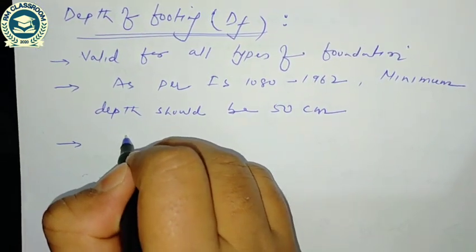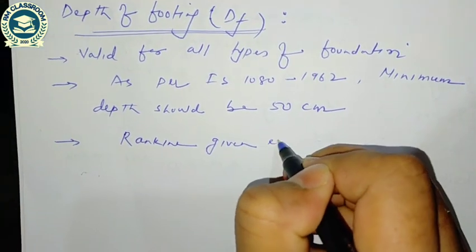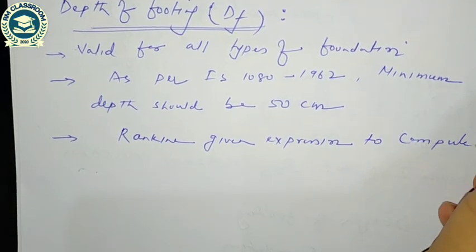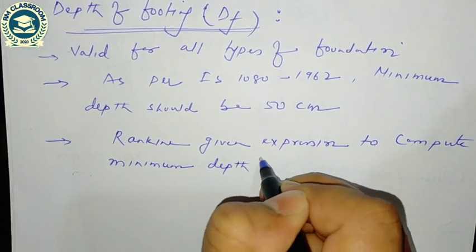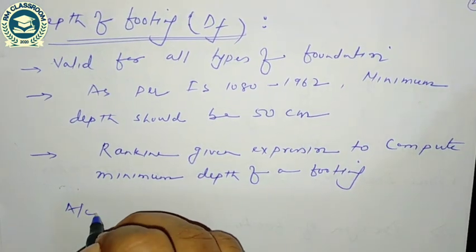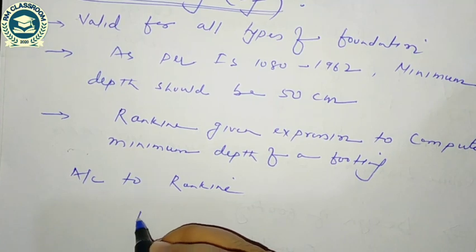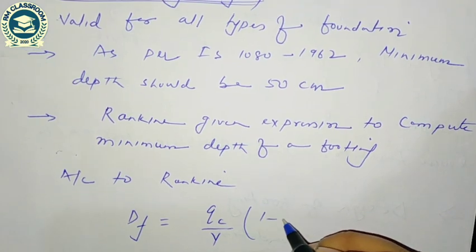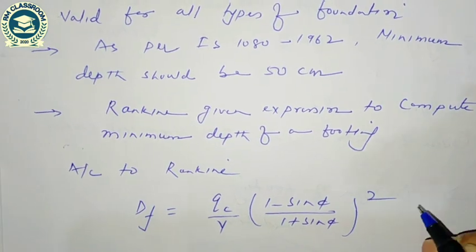Rankine has given an expression to compute the minimum depth of a footing or foundation, and according to Rankine, depth of footing Df is equal to qc by gamma into ((1 minus sin phi) divided by (1 plus sin phi)) whole square.